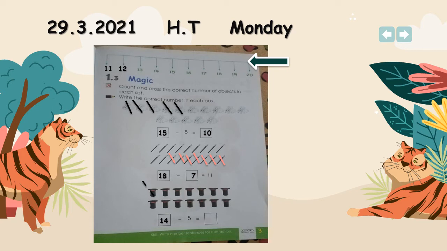So cross 5 hats. 1, 2, 3, 4, 5. Count the leftover. How many hats are left now? 1, 2, 3, 4, 5, 6, 7, 8, 9. 9 hats are left. 14 minus 5 is equal to 9. Write number 9 in the given box. Then go to the next page, page number 4.